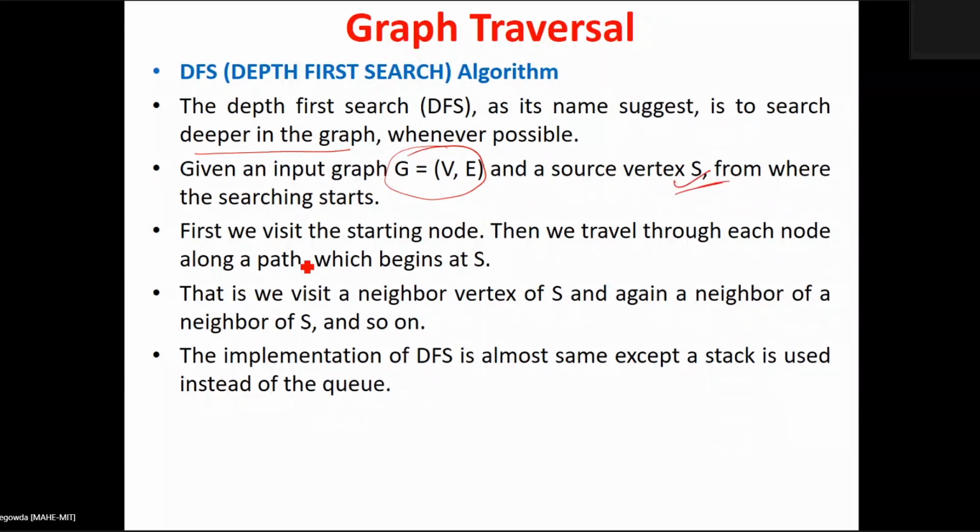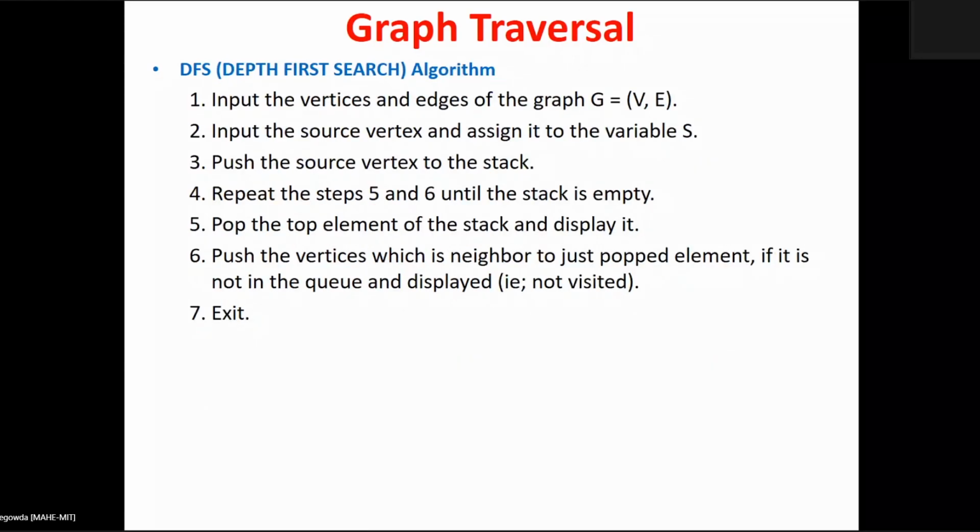First we are going to visit the starting node, then we travel through each node along the path which begins at the given origin, that is nothing but the source only. We'll see these algorithm steps over there. We are going to input the edges and the source vertex, and assign it to some variable s. Instead of the queue, we are going to use a stack in this case.